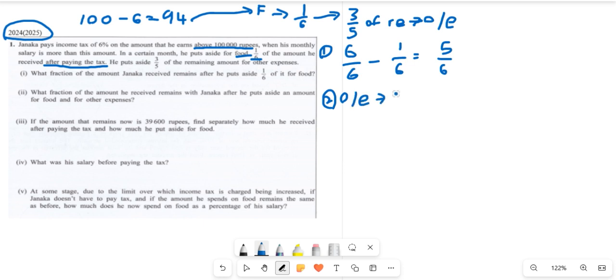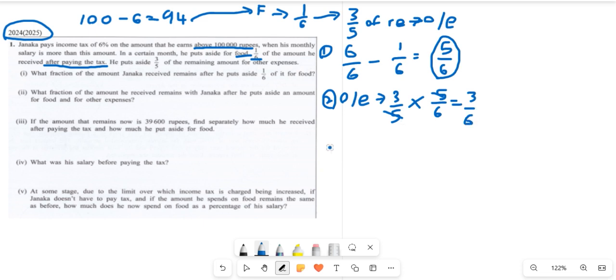So the other expense will be 3/5 of the remaining. Of the remaining means 3/5 times the remaining portion. Here the remaining portion is 5/6. So when we simplify, we get 3/6 for the other expense.